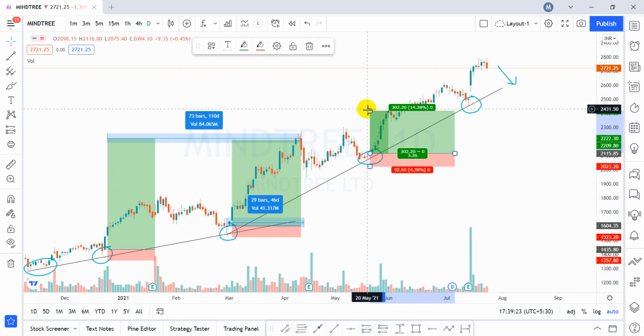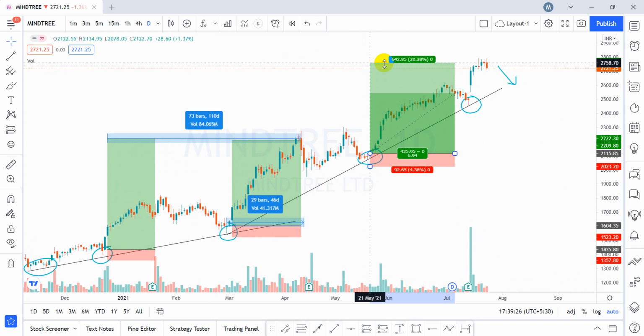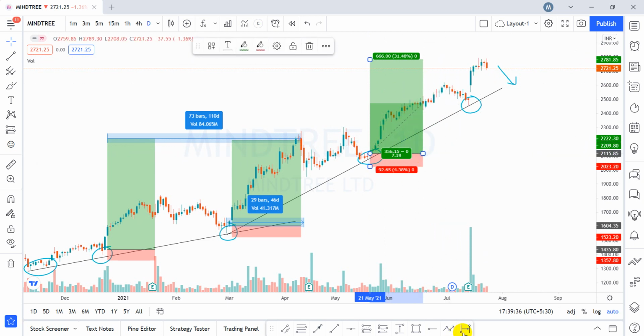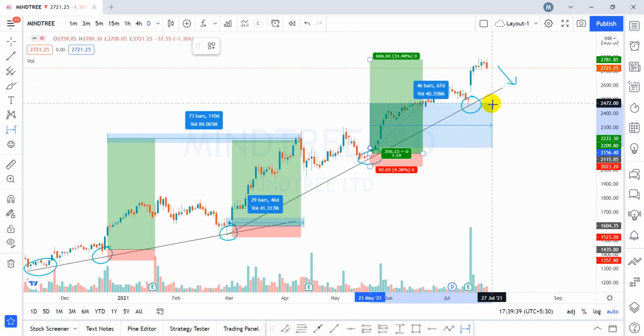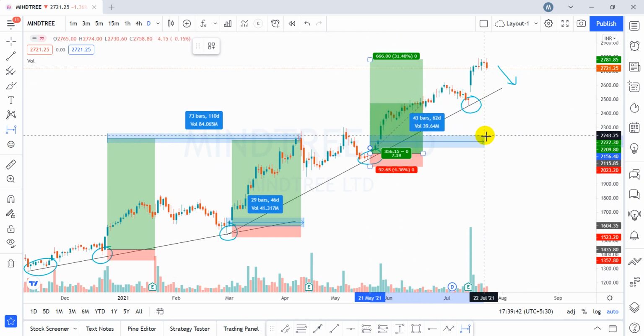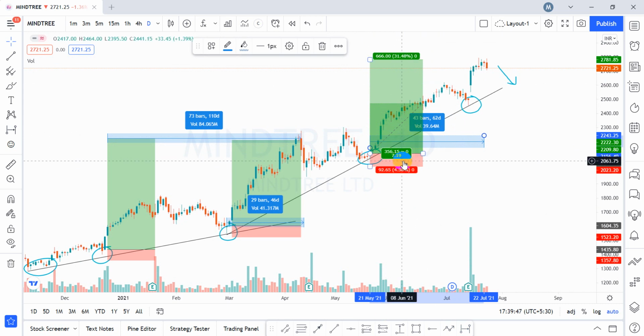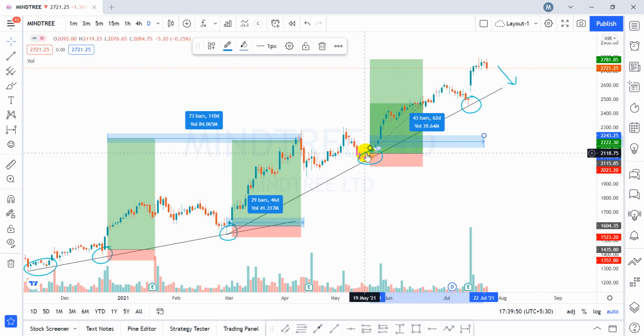So if you take this trade as well, you could have even trailed this particular trade up till now, and it is a 1 is to 7 risk to reward ratio in how many days? In about 43 days you have a 1 is to 7 risk to reward ratio. The second last entry on this stock was around 2115 odd levels, and it went up till 2700. So look how beautifully this works.